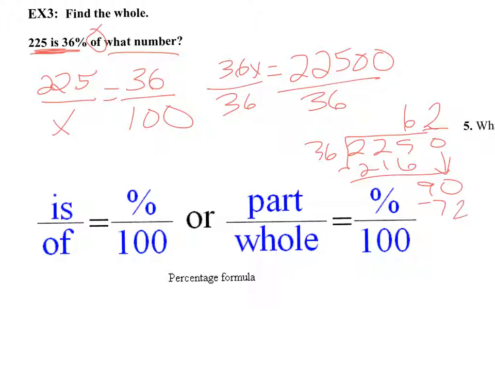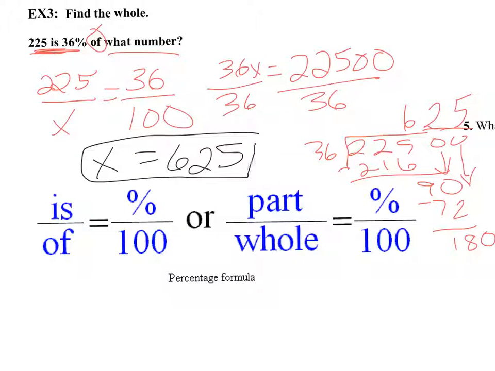We subtract 72, and we're left with 18, bring down 0, and then 36 goes into 180 5 times. So we end up with our whole number as x equals 625. And always make sure that you go back and check your answer. In this case we do have to do the long division, but definitely go back and check your answer.